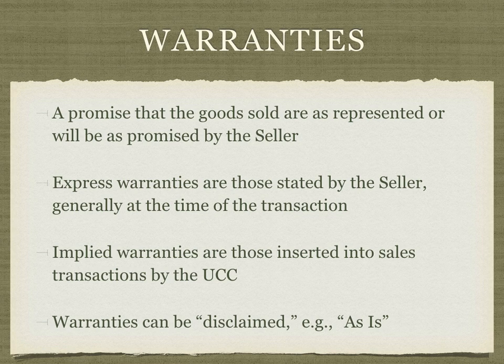For example, if you ever go to a car dealership and you're looking to buy a used car, or a new car for that matter, there's a sticker that's supposed to be attached to the side of the car, and it describes the features and functionality, but it also describes the warranty. You can buy a used car with no warranty at all, or you can buy one with a 30-day general warranty, or you might buy one with a longer warranty that's more limited in terms of what it covers.